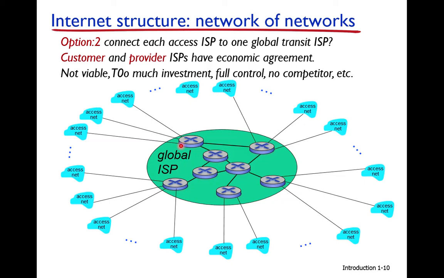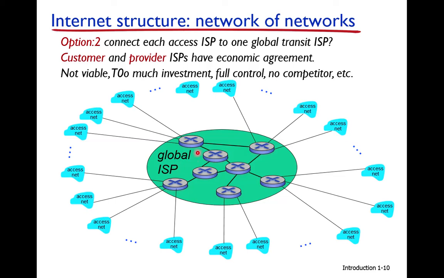In each area, the access network is connected to this global ISP. So if this access network is connected to the global ISP, and that access network is also connected to it, the user of one access network can access the user of the other.